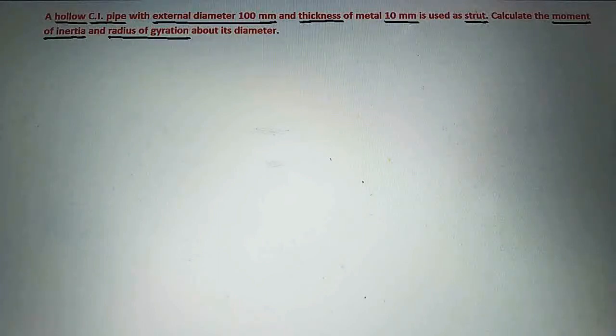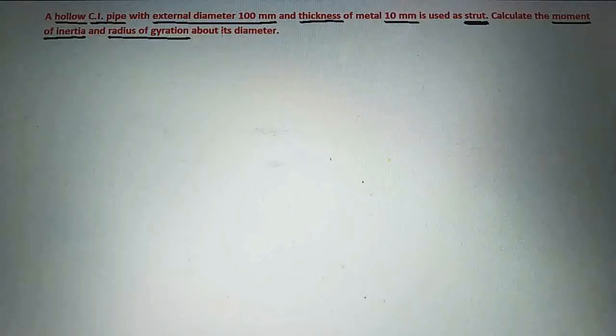Strut means the hollow cast iron pipe is used as an inclined column, that is called a strut, or used as an inclined structural member. So we have to find out moment of inertia and radius of gyration about its diameter.